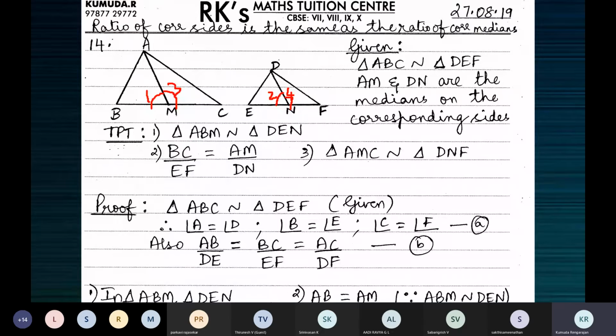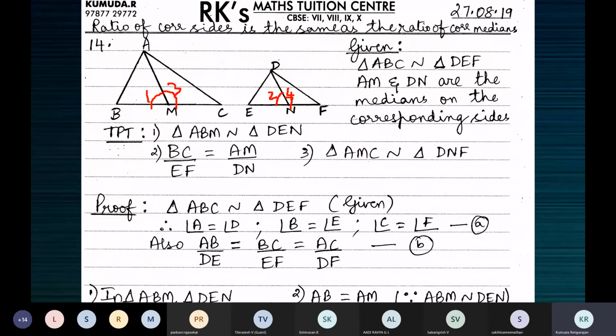Write down angle 1 is equal to angle 2. In bracket, the reason is triangle ABM is similar to triangle DEN. We proved that these two triangles are similar, so angle 1 is equal to angle 2.